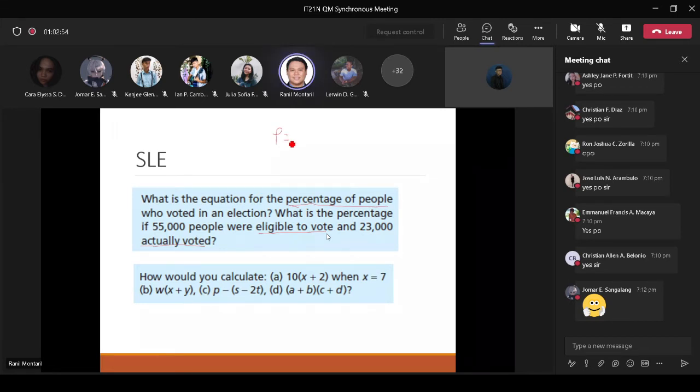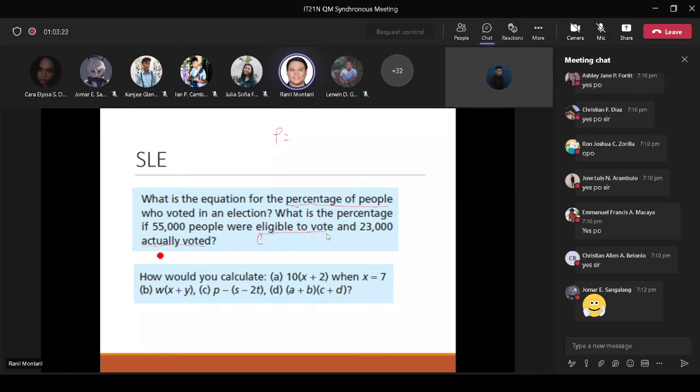Yes. And definitely the percentage of people who voted, of course we know yung actually voted, sila talaga yung bumoto. And eligible, sila yung pwedeng bumoto, right? So, what do you think is the best formula or mathematical symbol that we can represent to the percentage of people who voted? Ito pwede natin itong i-represent ng E, tama ba?